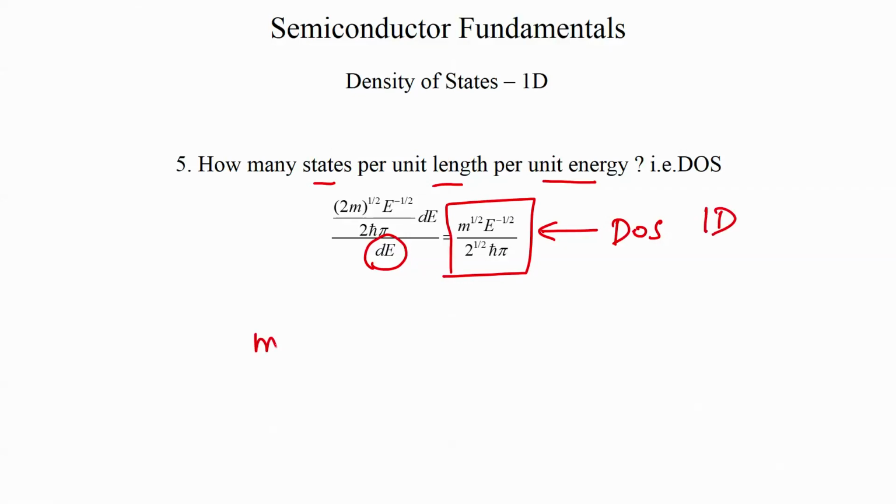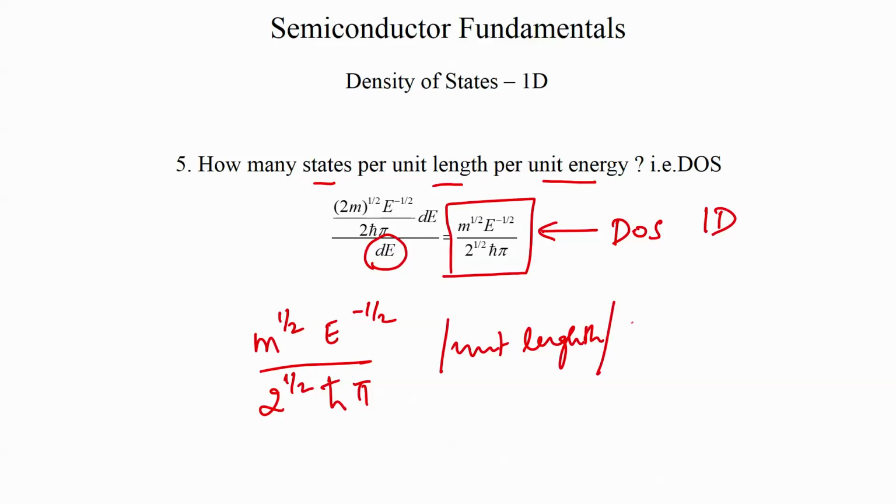So, there are m power half E to the power minus half 2 power half, that is the square root of 2, h bar pi states per unit length per unit energy in a 1D material. So, how does the density of states vary with energy for a 1D material? It varies as E to the power minus half.